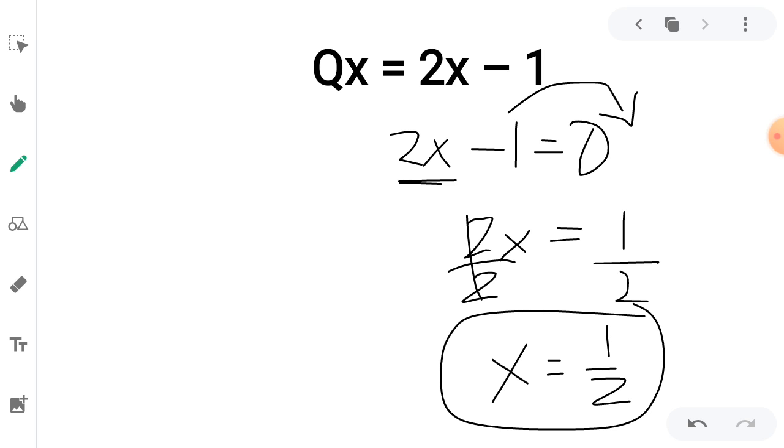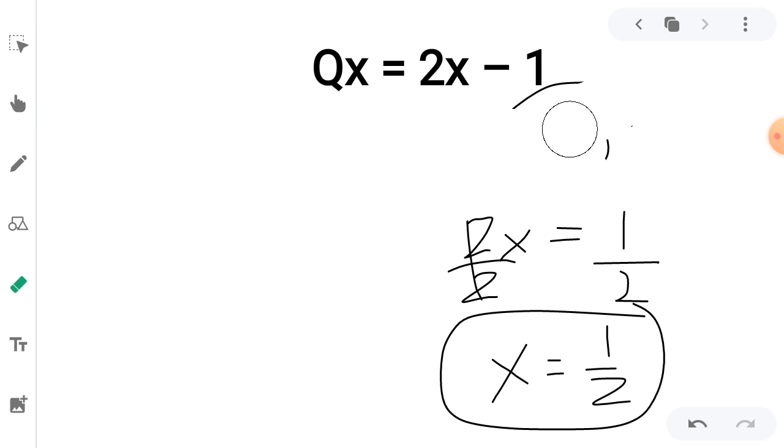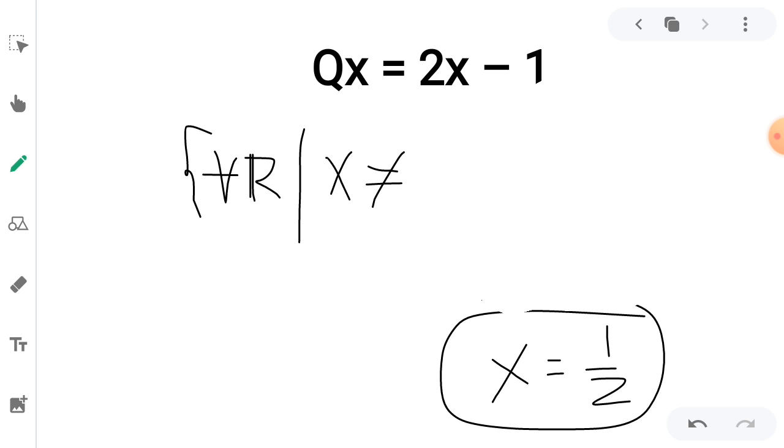So the domain is all real numbers except x is equal to positive 1/2. In writing the rule method, it is all real numbers such that x is not equal to 1/2.